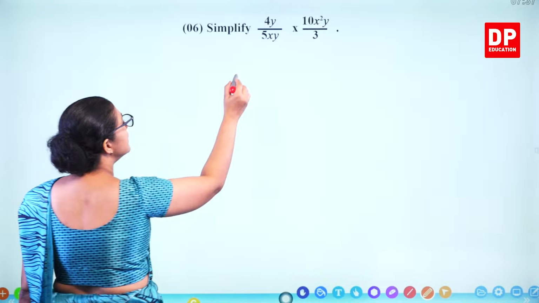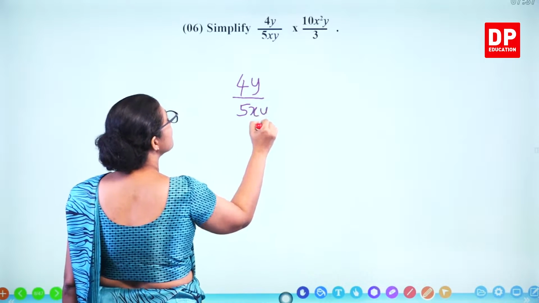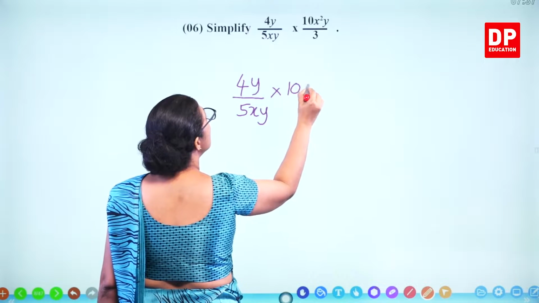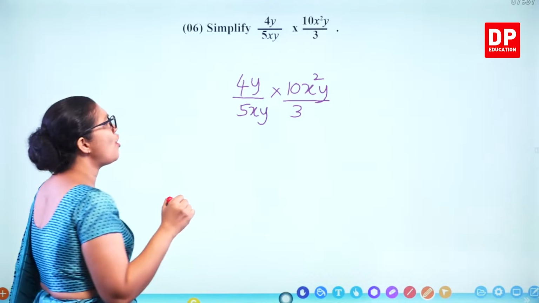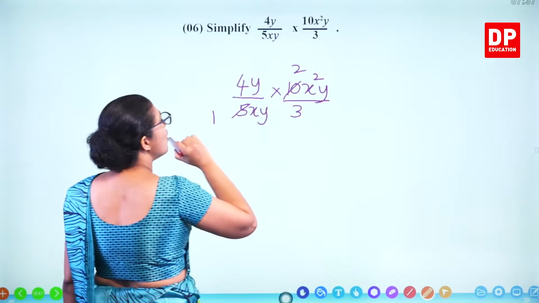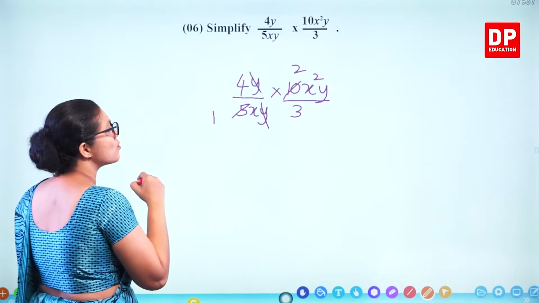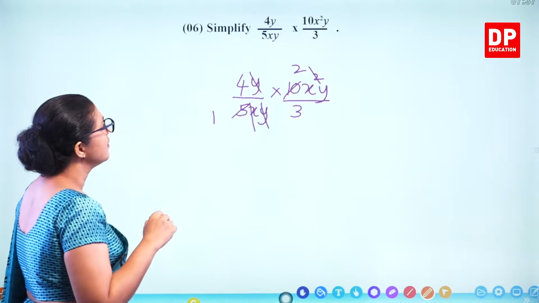Simplify. So algebraic fractions, how do you do it? You can check whether there are common factors in the numerator and the denominator. 5 times 1, 5 times 2. And 1y gets cancelled out, 1x cancels out with this one. What else?